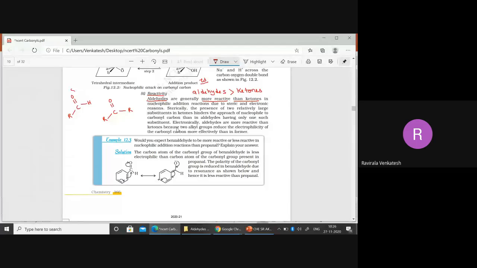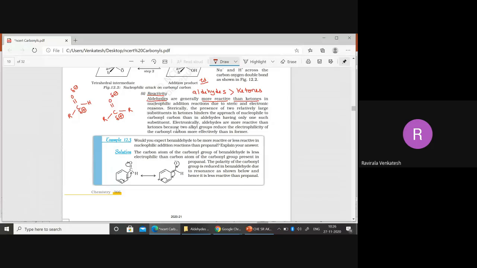Now we're getting a partial negative, partial positive character, right? Please, all of you, note this down better because it is not there in the textbook. So I'm writing on the PDF here. You can write on the textbook also, using a pencil or whatever it may be.